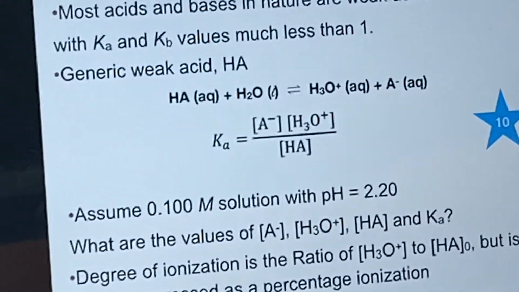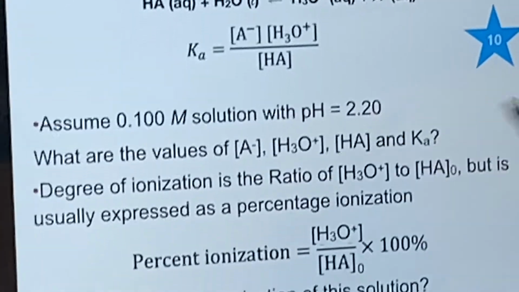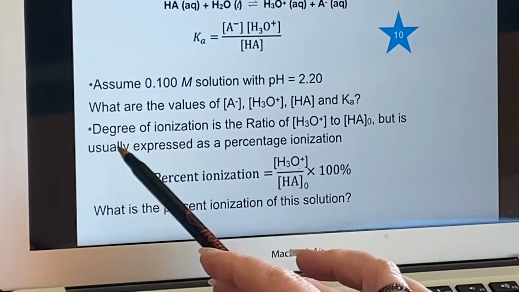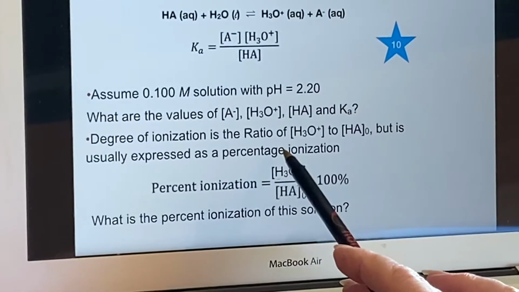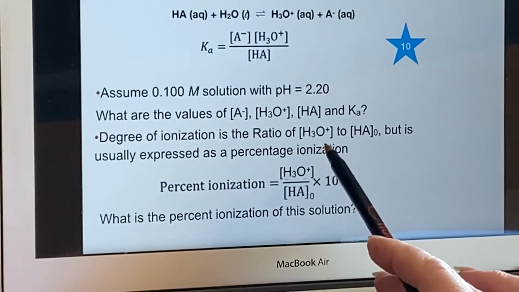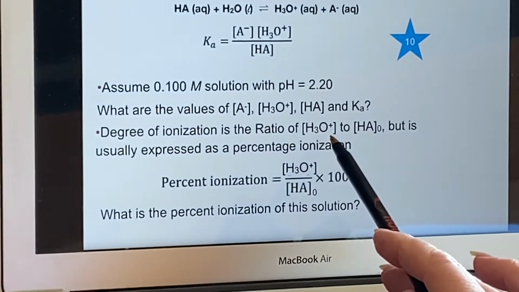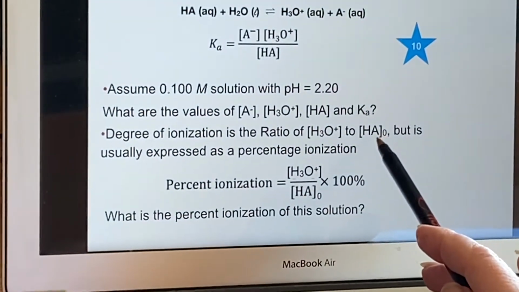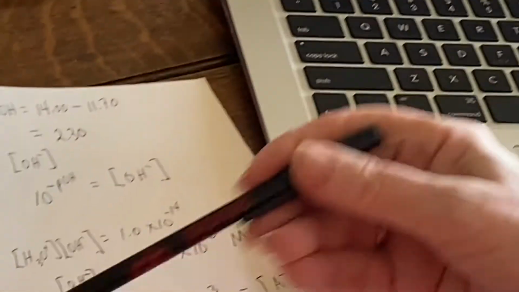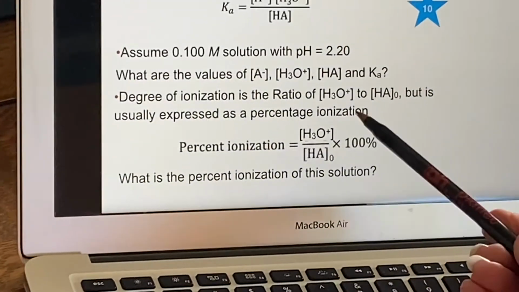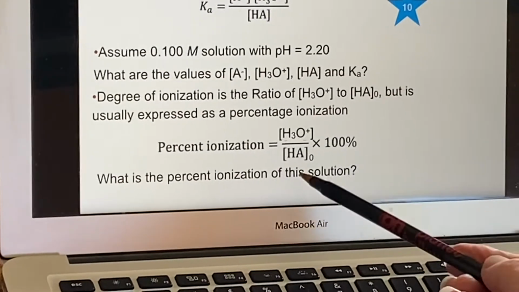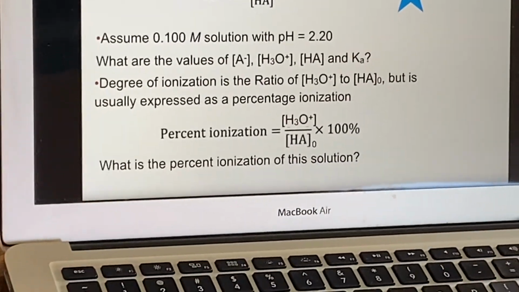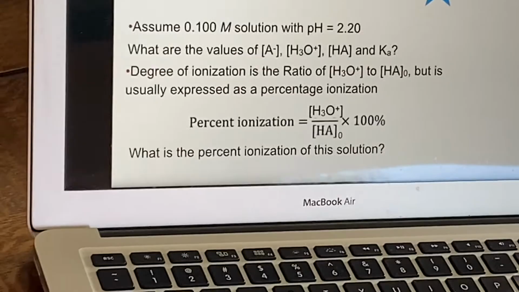Okay, so there we go. We have found that. Now we have another definition. Degree of ionization is the ratio of the hydronium ion concentration to the original, not this one that we just figured out, which is how much was left, but the original, and it's usually expressed as a percentage ionization in this way. All right, well, we have those numbers, so we can just use them.